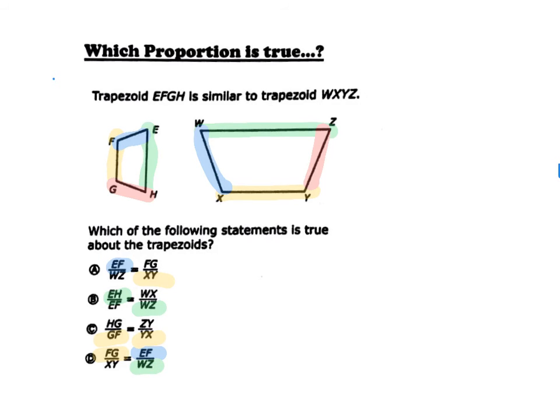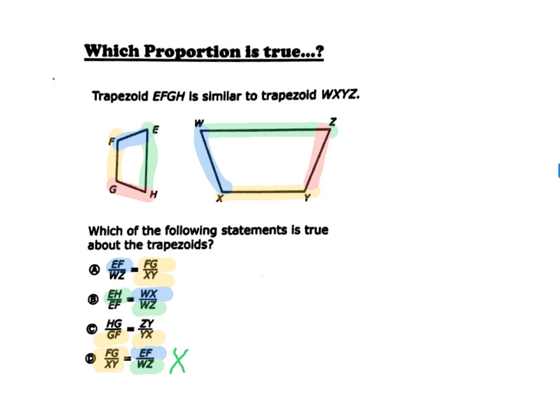Okay, so D is wrong because it has 3 colors in it and you don't want 3 colors. So we're gonna X that one out. Alright, go back to the options. FG was yellow. And then WX was blue.